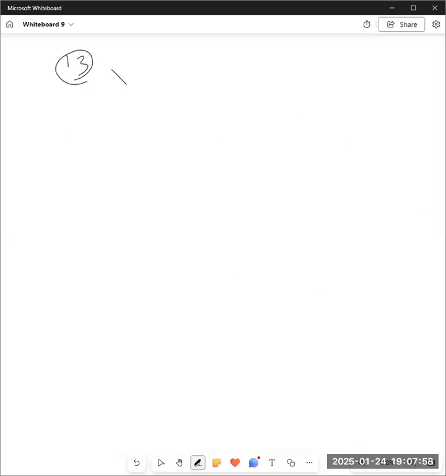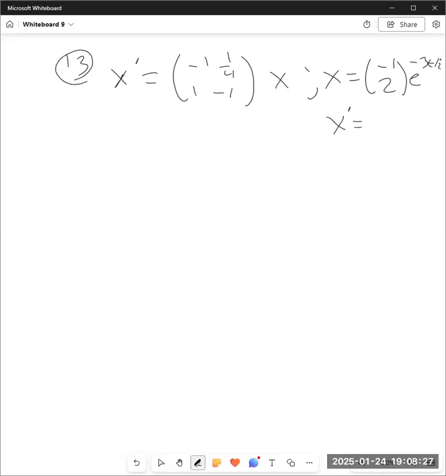13 has x prime equals [-1, 1/4; 1, -1] times X. X is equal to [-1, 2] e to the -3t over 2. So that means x prime equals, and I need to multiply by -3/2 on the inside.